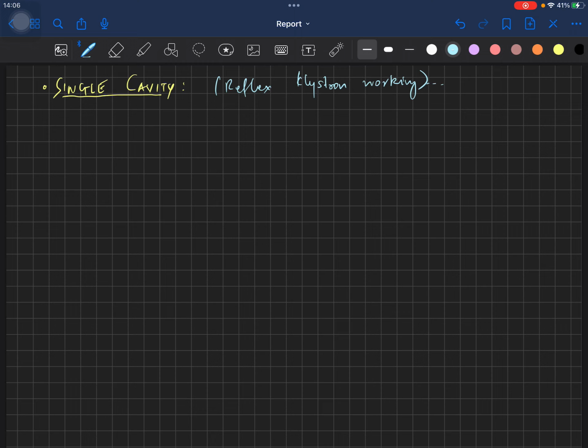Let me use my laptop here when searching Reflex Klystron. Let's start from the basics. Reflex Klystron wiki. This is the first source everywhere, and then let me go to tutorial point or something.